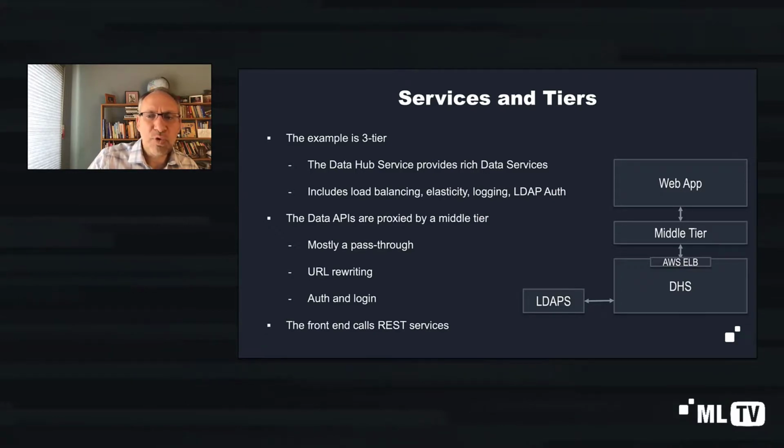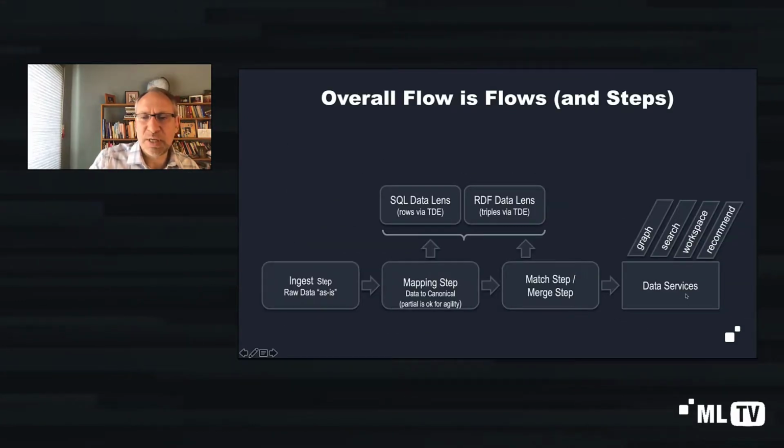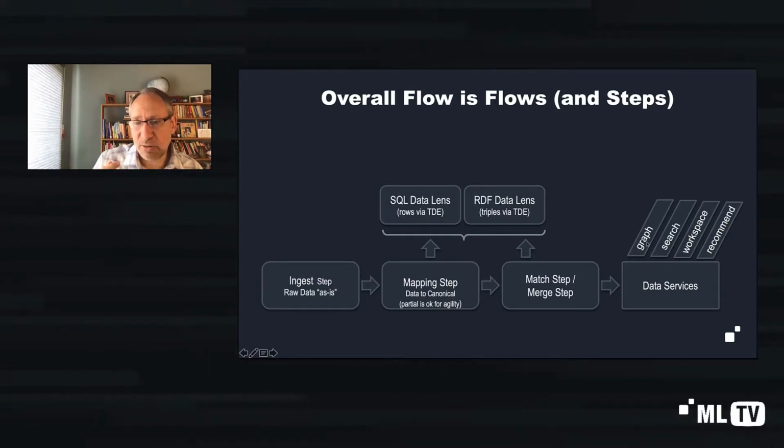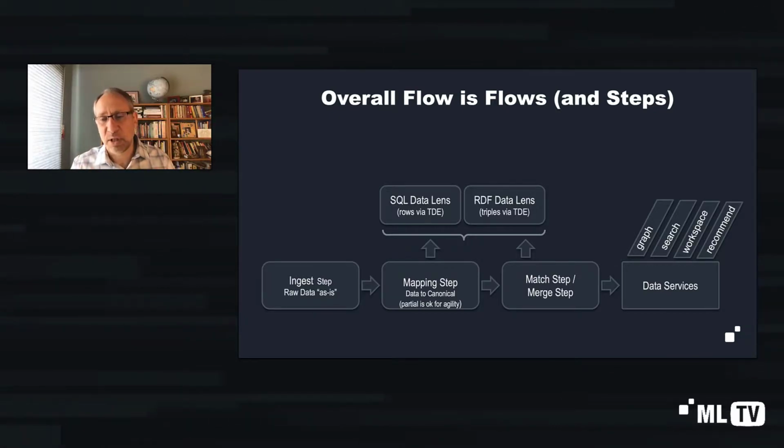And through that Elastic Load Balancer, there's a bunch of data services that are provided. And I think I have them listed here. Yes. So here are the data services. There's actually a few more, but they didn't fit on the slide. Here are the main data services that are exposed. There is a graph service, returning all the nodes and edges to make the graph work, and all the interactive stuff is through the graph service.